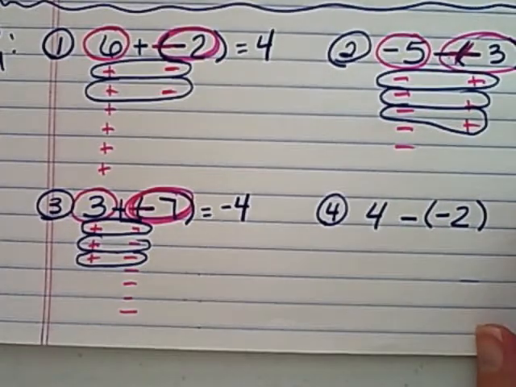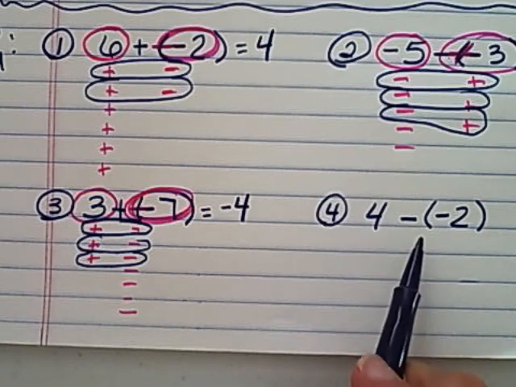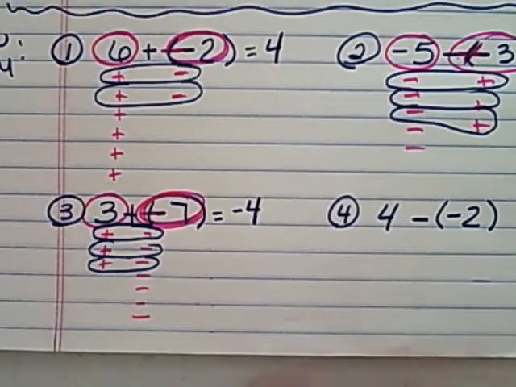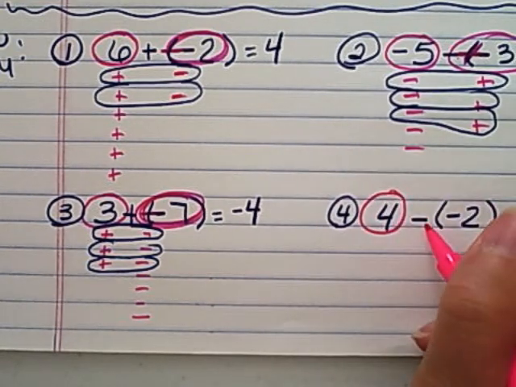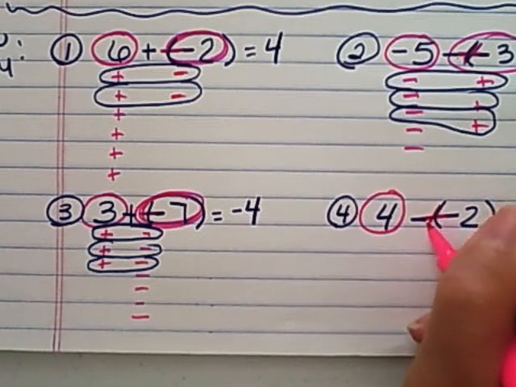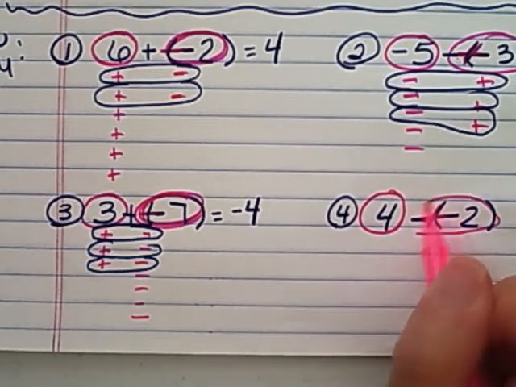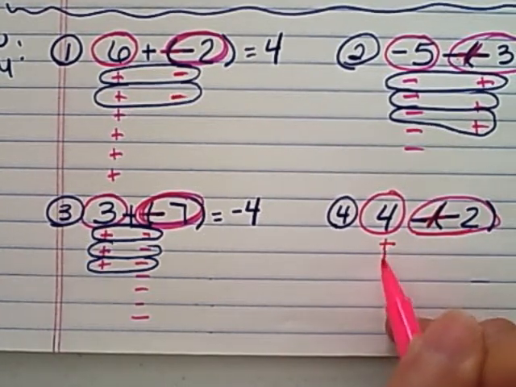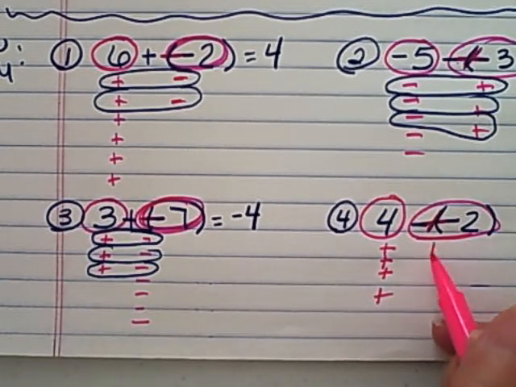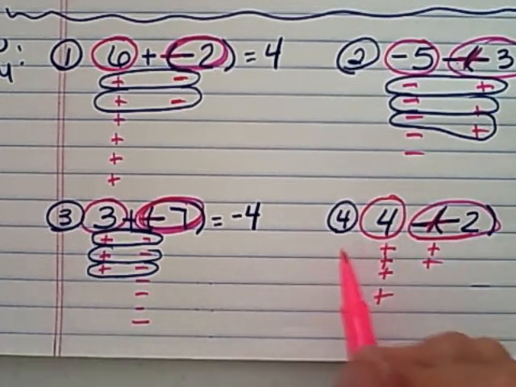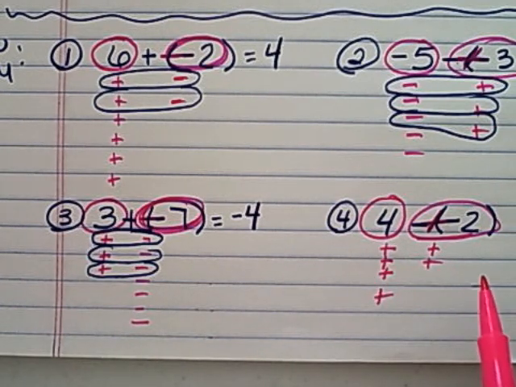And the last one, number 4. 4 minus negative 2. So again, the 4 is positive, so you can just circle that. Minus negative 2. Minus of negative means that it's positive. When you see that double negative, it's a positive. So we have 1, 2, 3, 4 positives. And then we have 2 positives. Hope you guys didn't circle anything because there are no pancake stacks here.